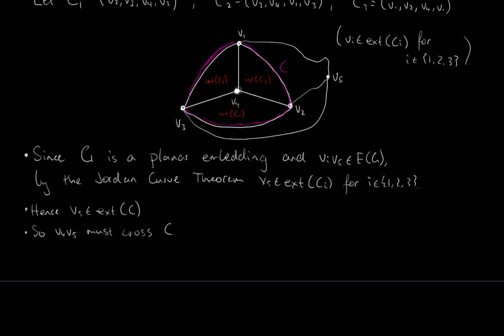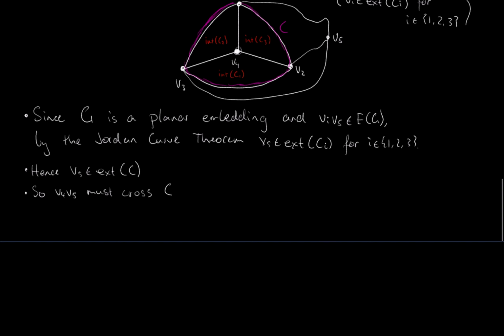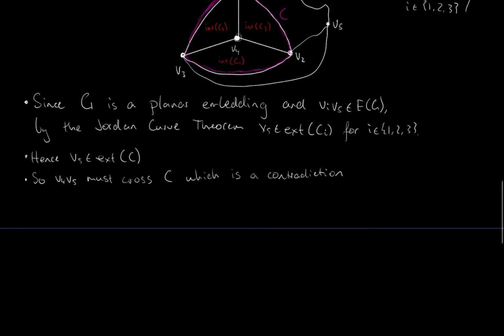We can't have that. So we have a contradiction. There's no way you can make that connection without an edge crossing. And it's a contradiction because you cannot have a planar embedding when we have an edge crossing.